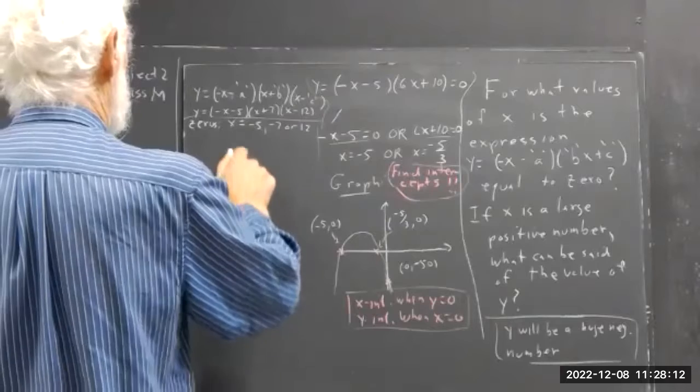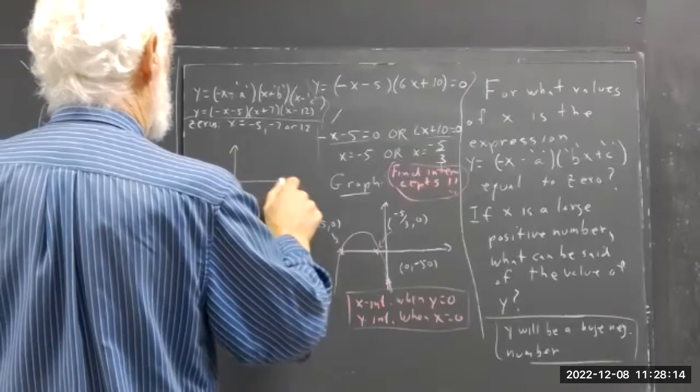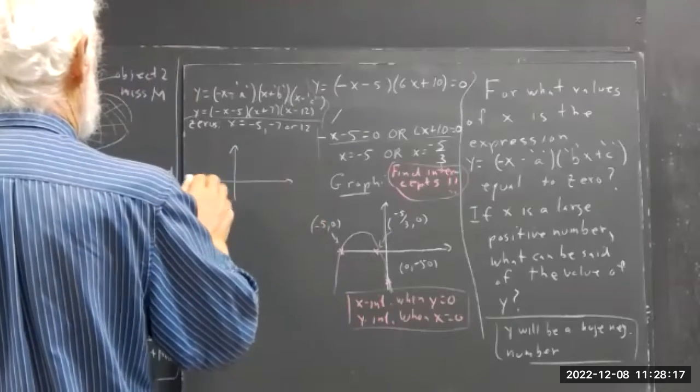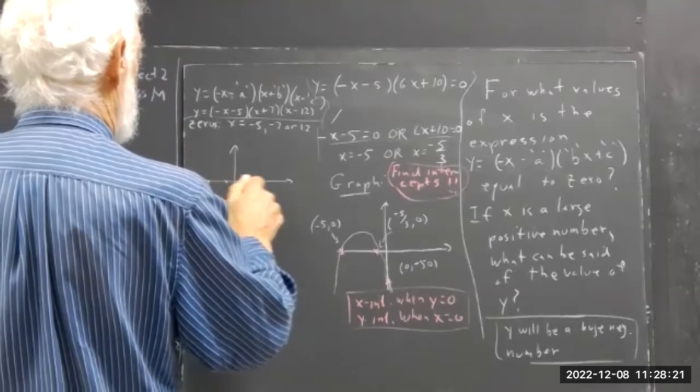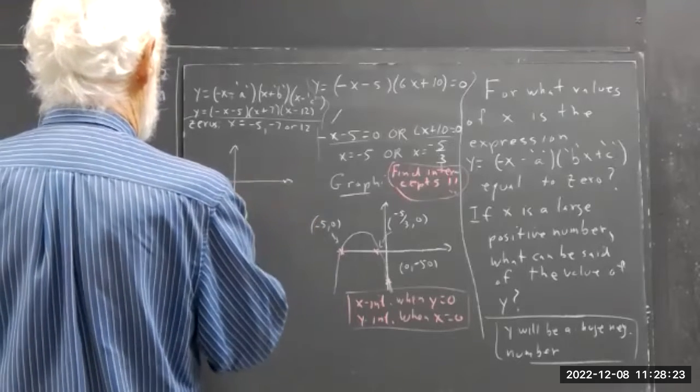So we draw the graph. Here we've got the zeros at negative 7, 5, and 12.